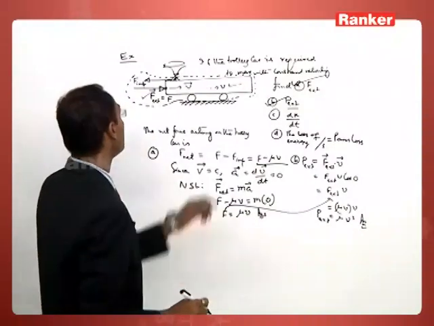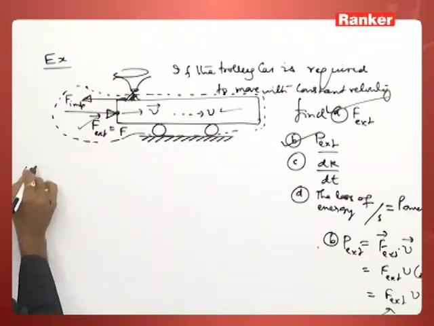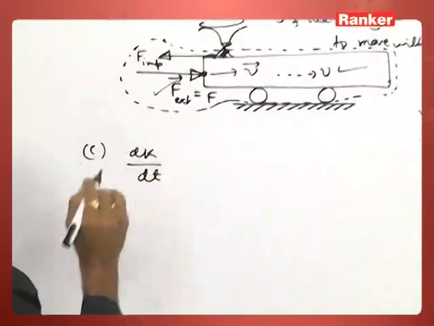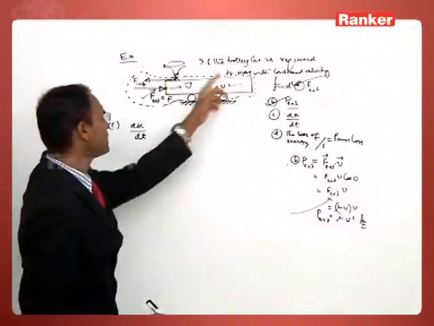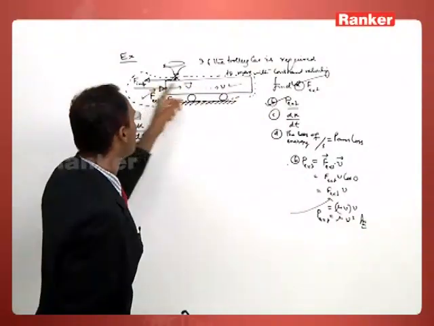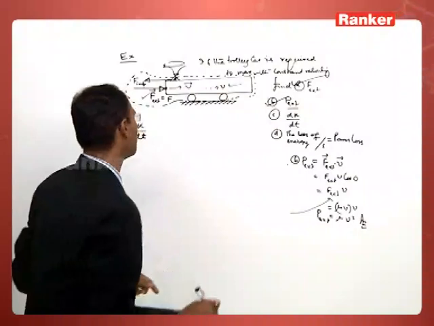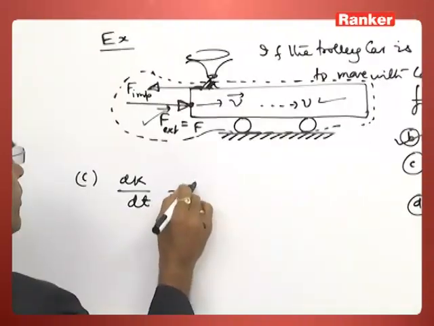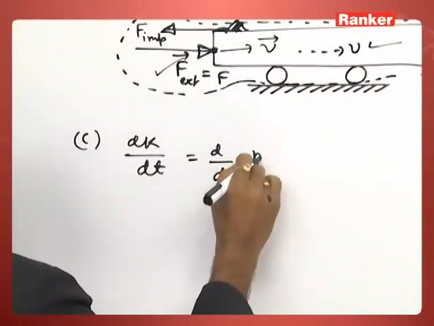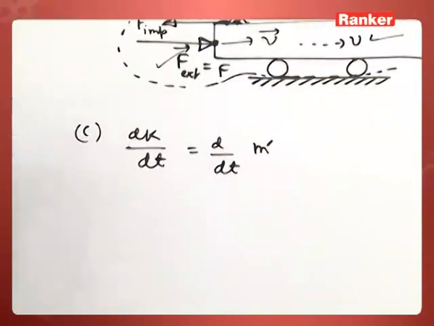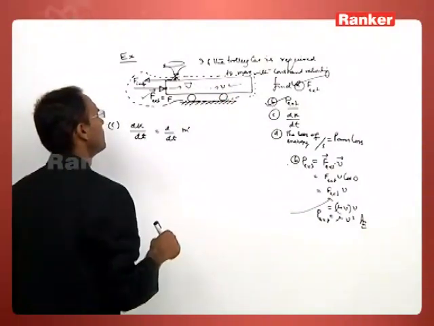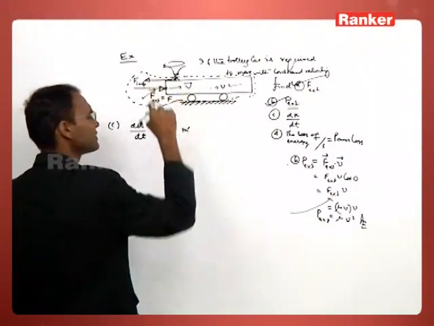Now come to the third bit. In the third bit, he is asking to calculate the rate of change of kinetic energy. Here the velocity of the system is kept constant, whereas the mass of the system is increasing at a rate of mu. Let us assume that m dash is the mass of the system, that is trolley car plus the loaded sand.